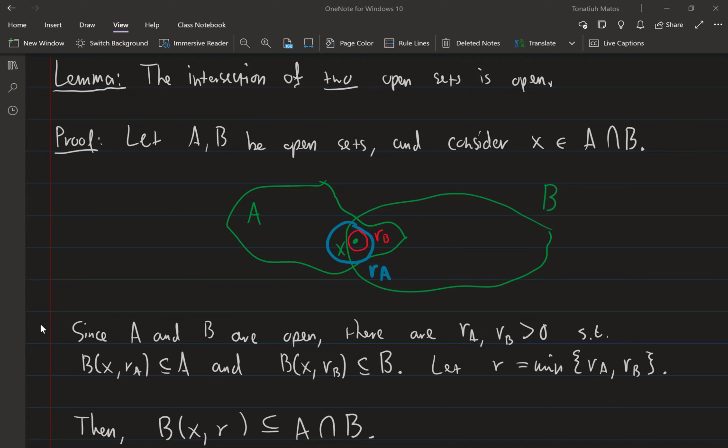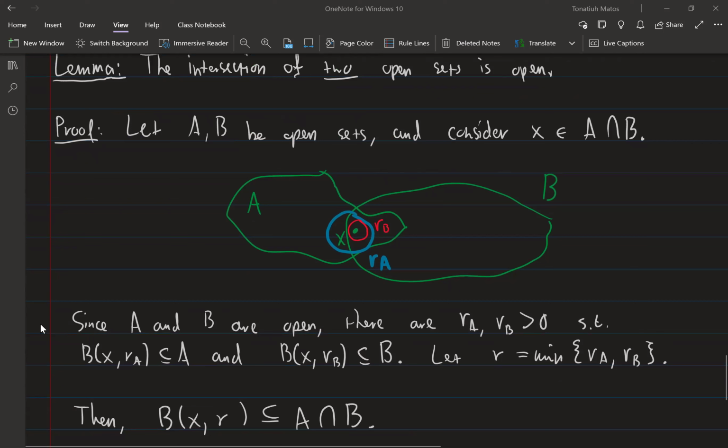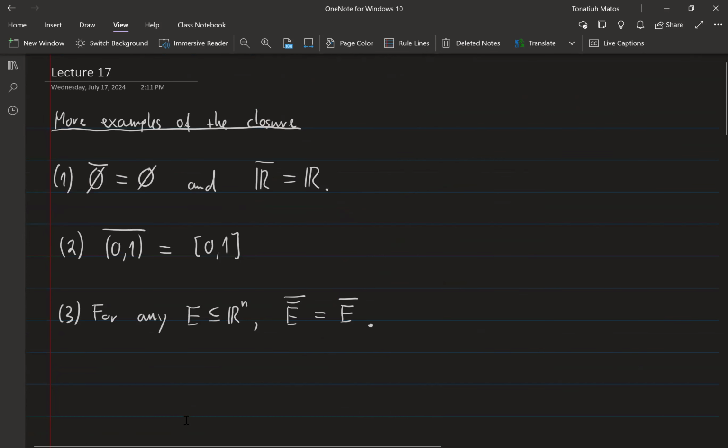And we proved this for two, but the same idea, or using induction, can be used to show this for any finite number of open sets. If you attended the last tutorial, you'll know that you cannot generalize this to infinite intersections, right? It is possible to find an infinite collection of open sets so that their intersection is no longer an open set. Okay, now let me continue to the next page.